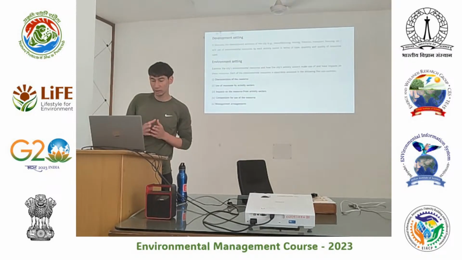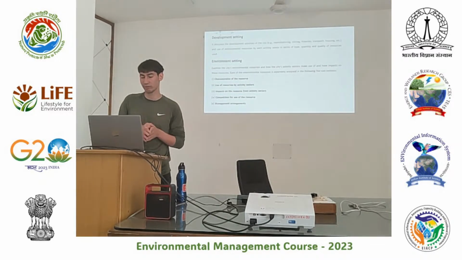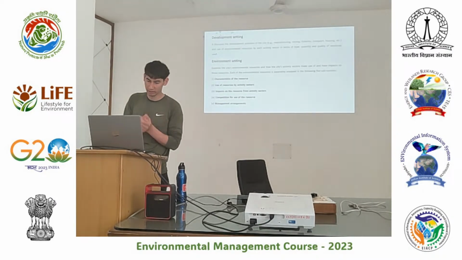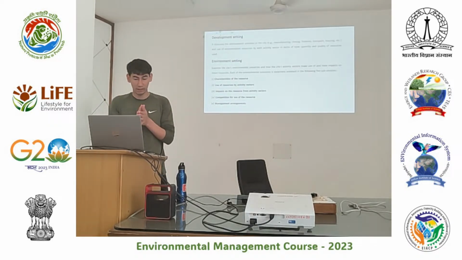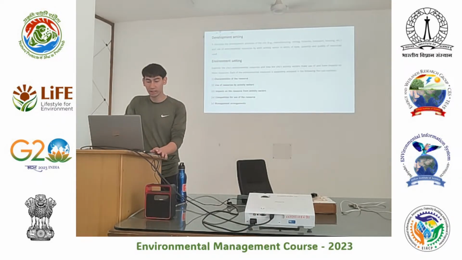It examines the city's environmental resources and how the city's activity sectors make use of and have impacts on these resources. Each of the environmental resources is separately analyzed in the following five sections: characteristics of the resource, use of the resource by activity sector, impact on the resource from activity sector, competition for use of the resource, and management arrangements.